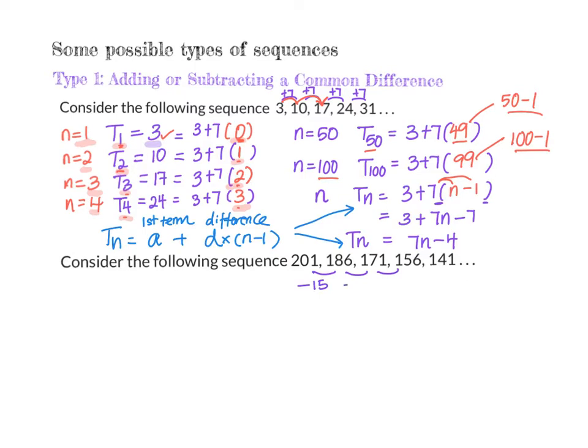Subtract a difference of 15, a difference of 15, and a difference of 15 will give me the next few terms. So now let's consider the following. If I were to use this pattern, let's take a look. When n equals 1, that means I will have term 1.